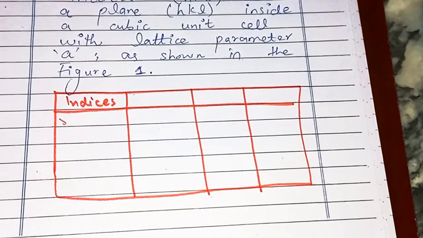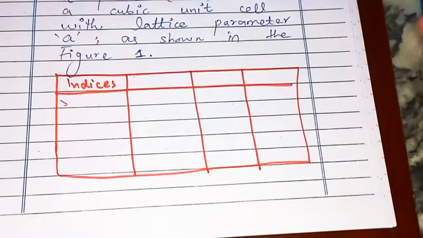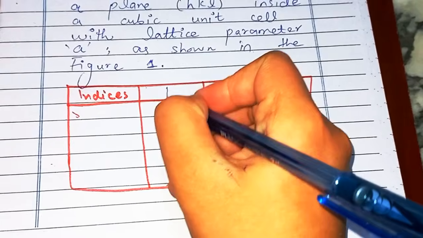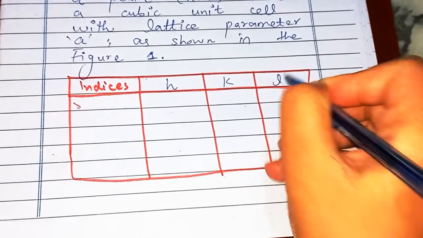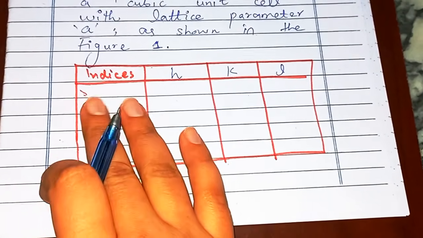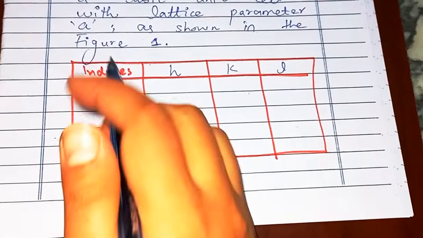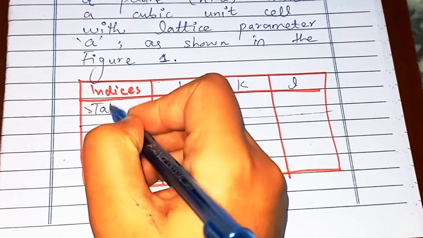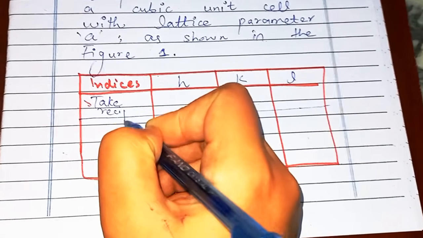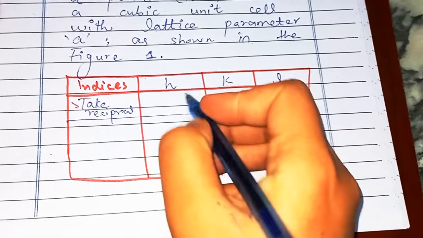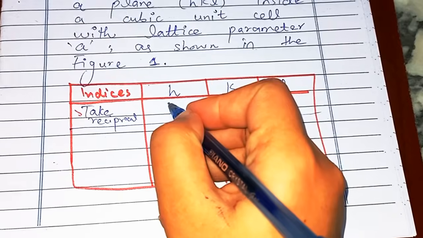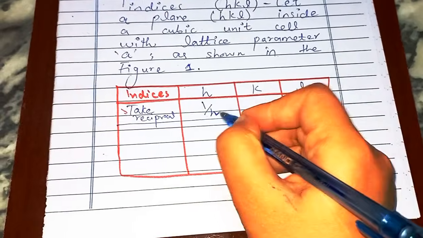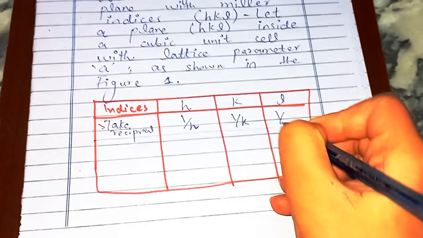We are considering the plane here, not the direction, so keep that in mind. H, K, and L are the Miller indices, and we need to calculate the intercepts. For that purpose, you need to take the reciprocal of these indices. Reciprocal means dividing 1 by them: 1 over H, 1 over K, and 1 over L.